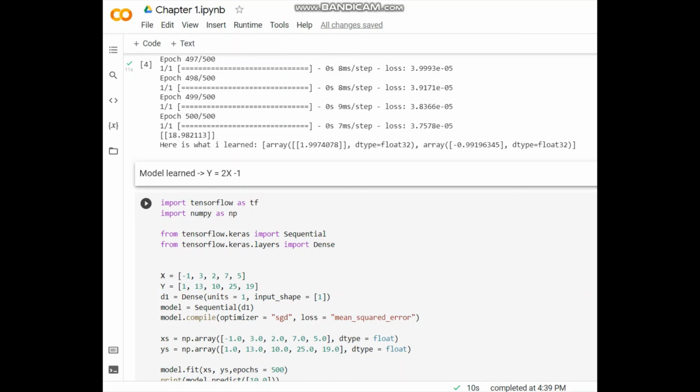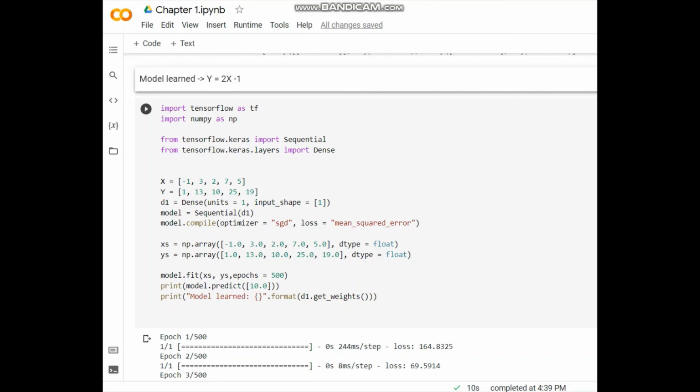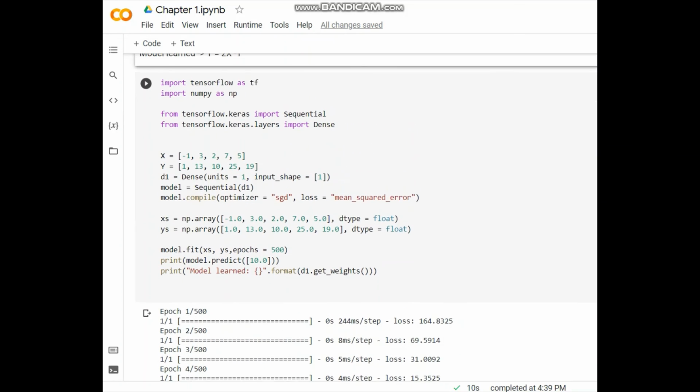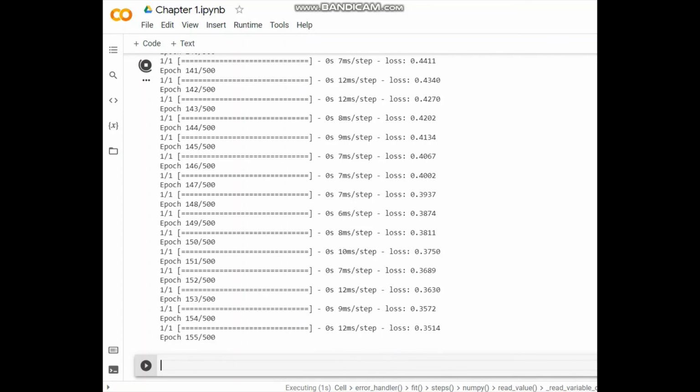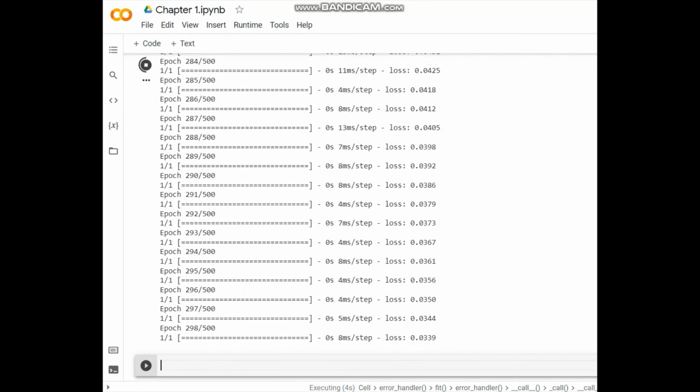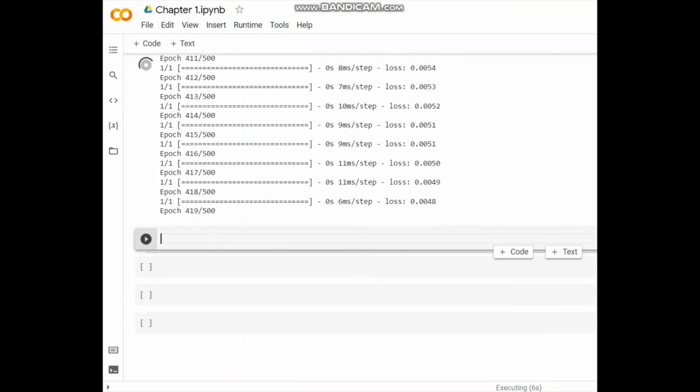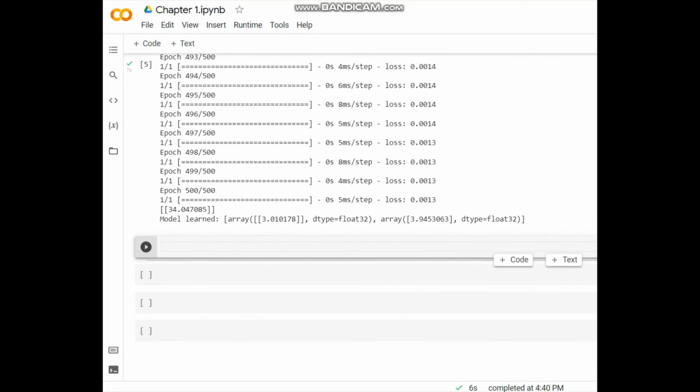So here is another thing that I tried myself: I changed the values for x and y, and the model is here, you can see. So when I run this model, yeah, my equation here was 3x plus 4.